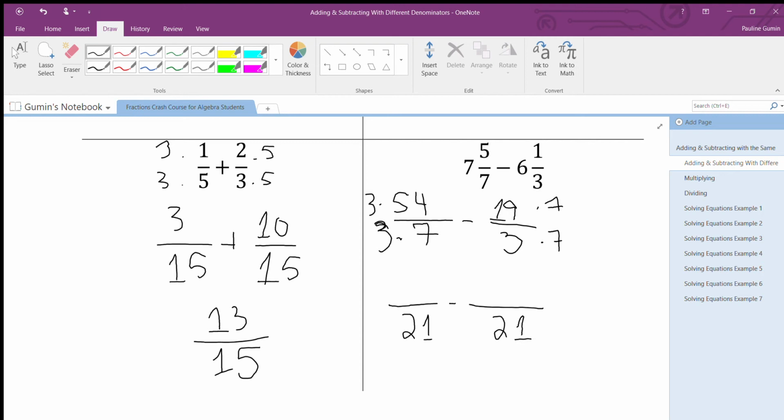3 times 54 is 162, and 7 times 19 is 136. No, it's not 136.